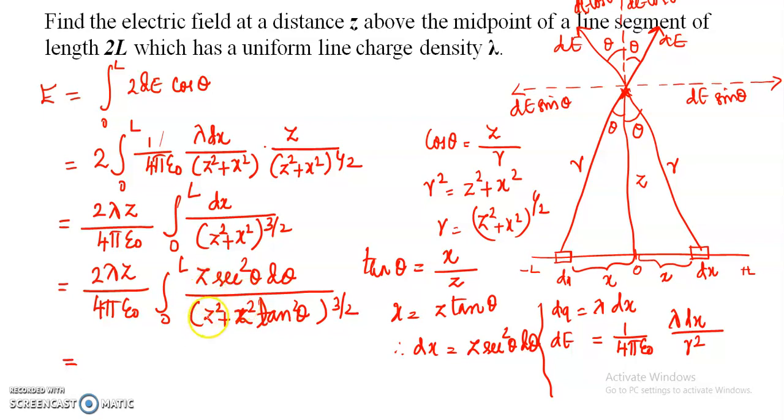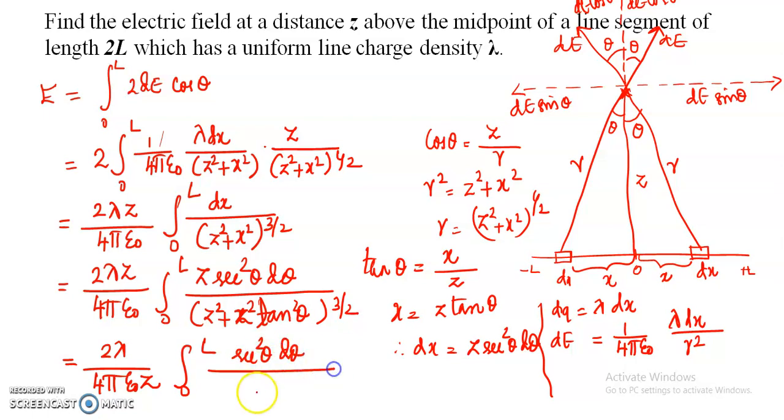We can take z square outside of this bracket, and we get z cube. Cancelling z here, we get 2 lambda divided by 4 pi epsilon 0 z integral 0 to L sec square theta d theta divided by sec cube theta.